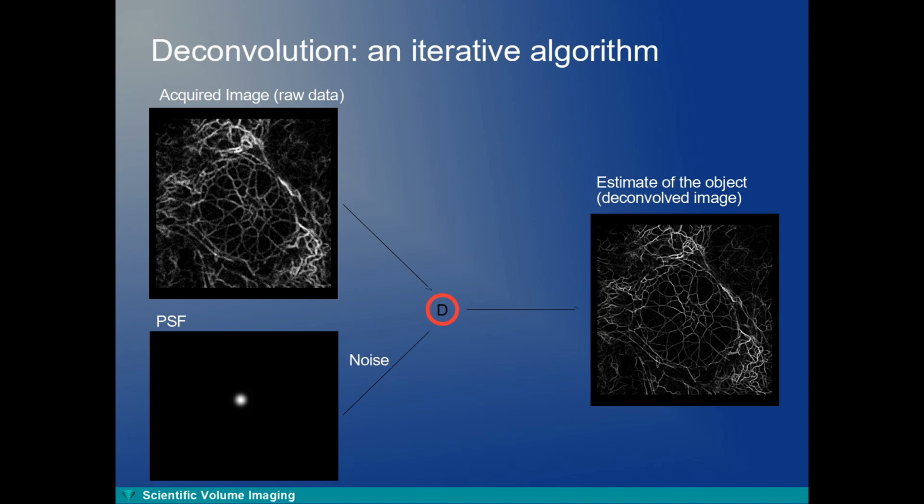Changing the signal to noise ratio value within the deconvolution wizard smoothens or sharpens the end result. This is a value that the user needs to give to the Huygens software.